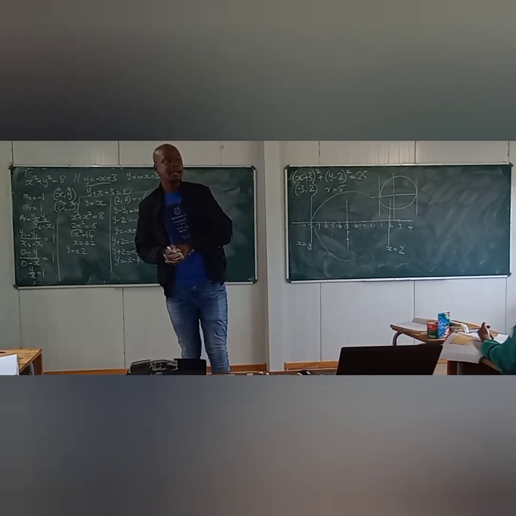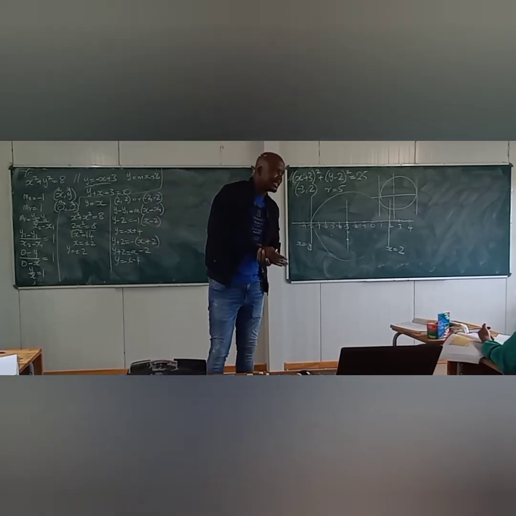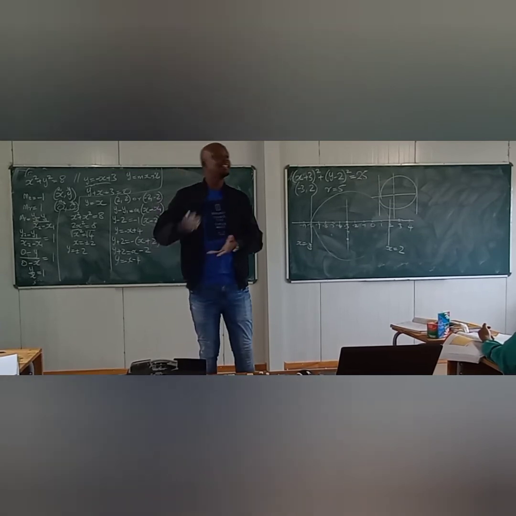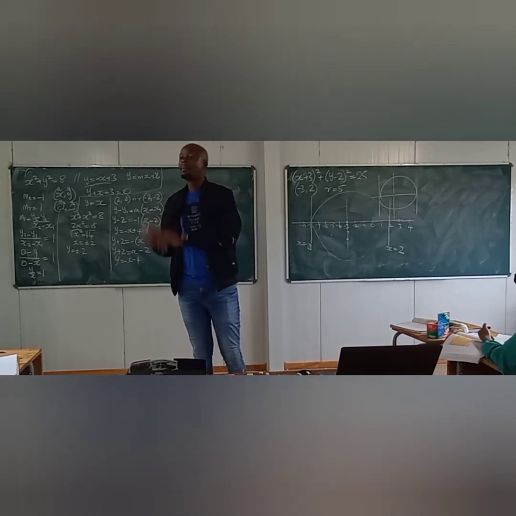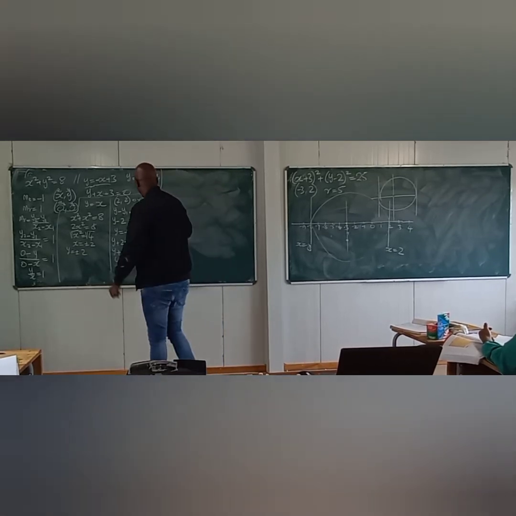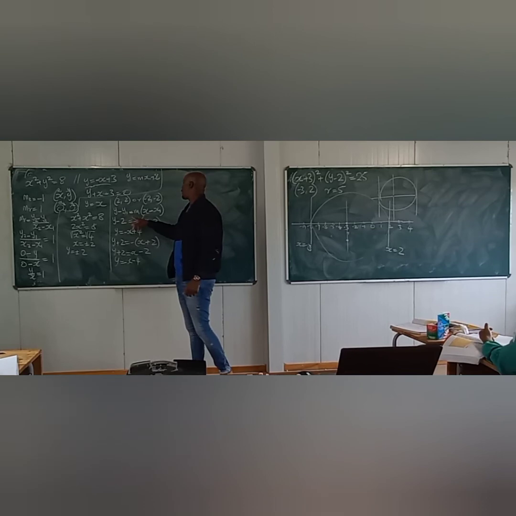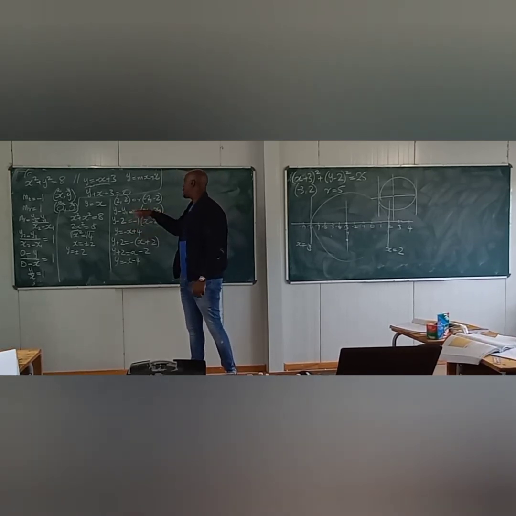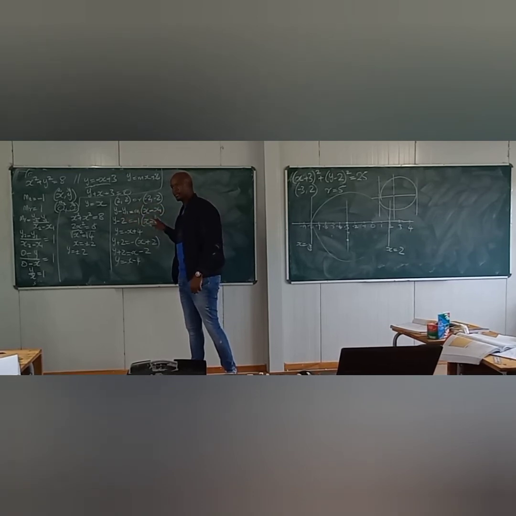From that we derive the gradient of the tangent, because the gradient of the radius is the negative reciprocal of the gradient of the tangent, as the two are perpendicular. Then substitute into the equation y minus y1 equals to m into x minus x1. Your y1 and x1 is the point of contact. It's not the center.